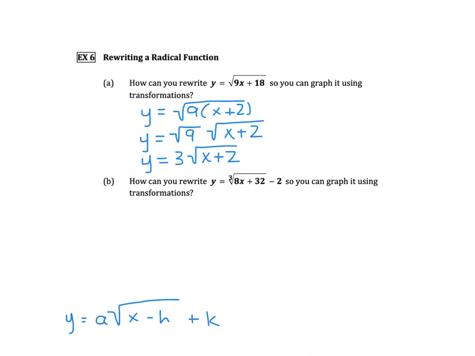So let's try this one more time, but we're going to do example B with a cube root, and we're going to do the same thing. We're going to go inside that cube root, and we're going to factor out an 8. So I've got y equals the cube root of 8, and then in parentheses, that's going to give me x plus 4, and then minus 2. And again, I'm going to use that product rule on my cube root.